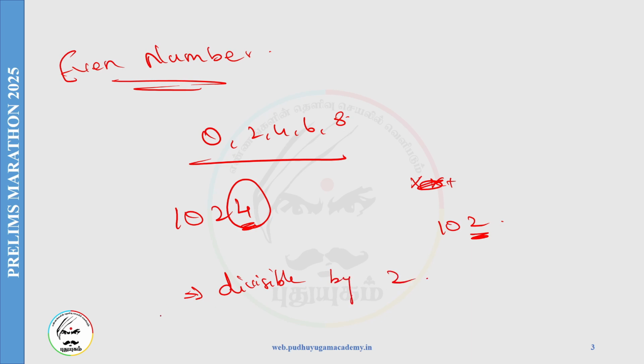right? And the general form for an even number is 2n, right?